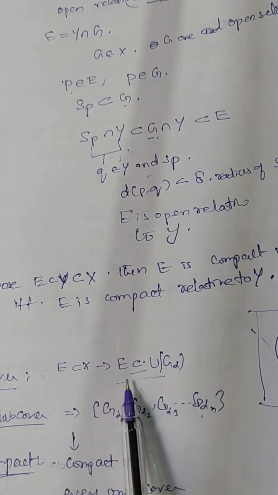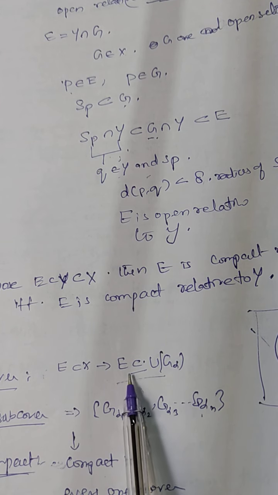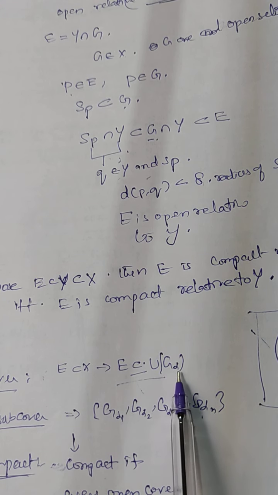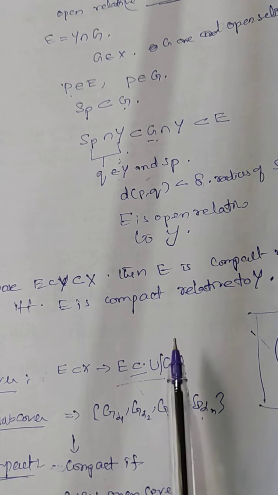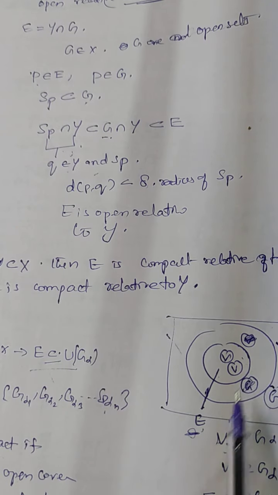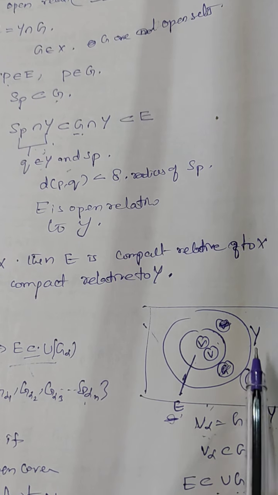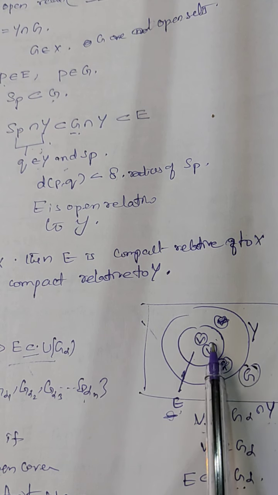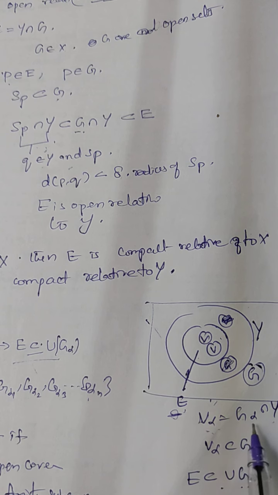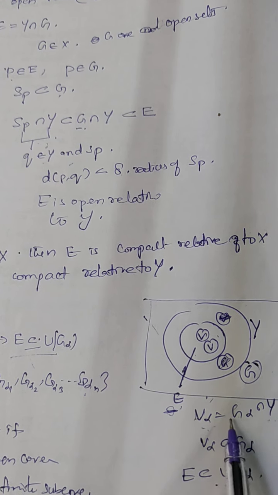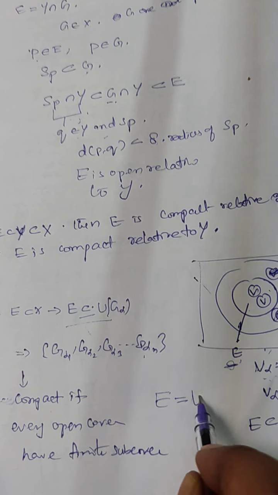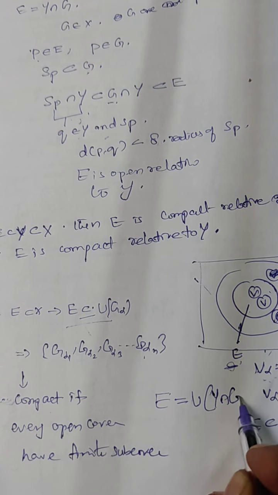All right, so as I said, E is a subset of the union of G alpha. Conversely, we are assuming that the union of G alpha will act as an open cover for E, and we know that E is a subset of Y. Hence we can conclude that E can be written as the union of Y intersection G alpha.